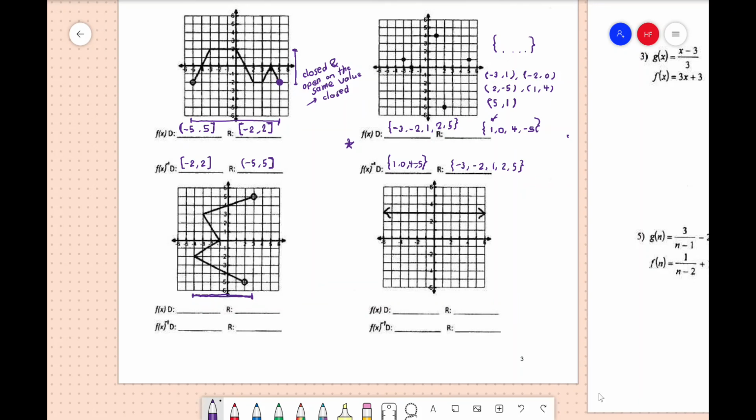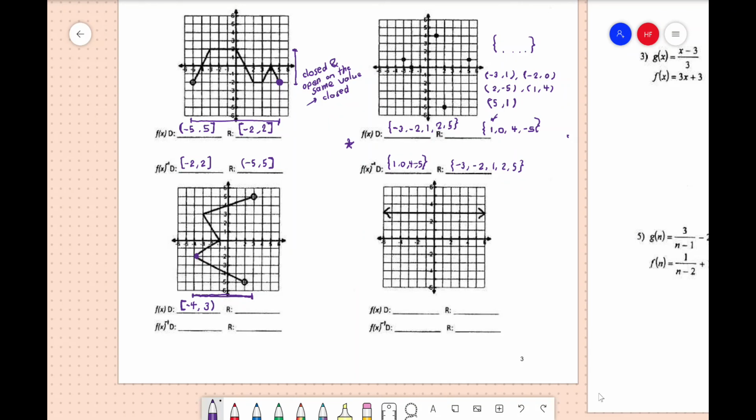So that means in interval notation, I'm on a point, so I'm going to have a bracket. This x value is -4. It's hard to see. And then my highest x value here is 3, and it is on an open circle. It's the only one, so it is a parenthesis.